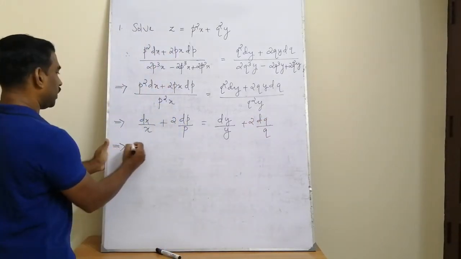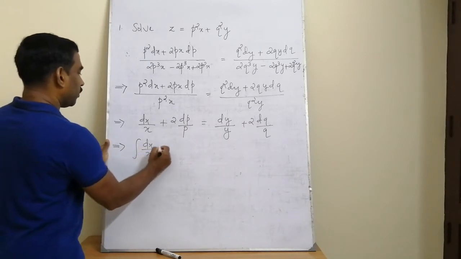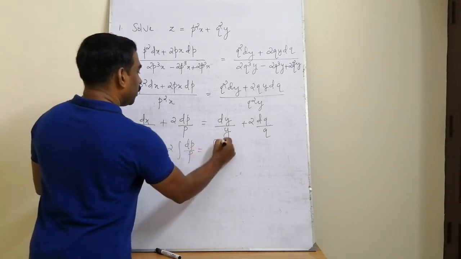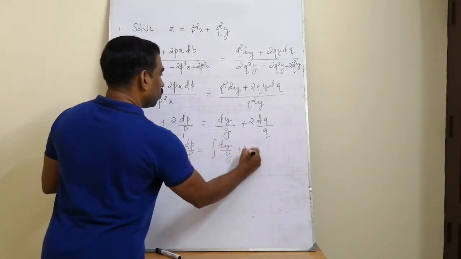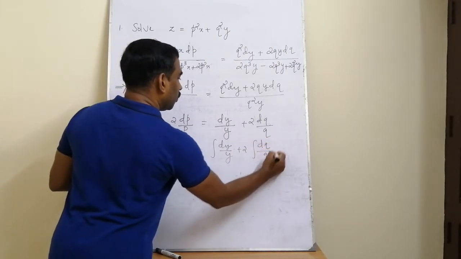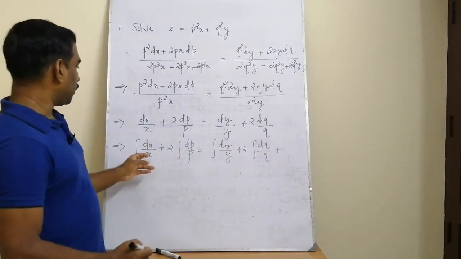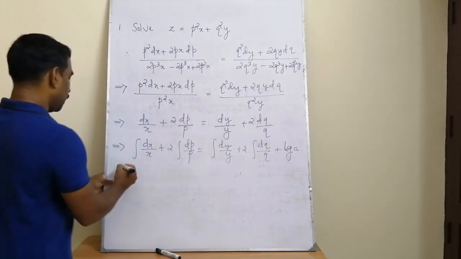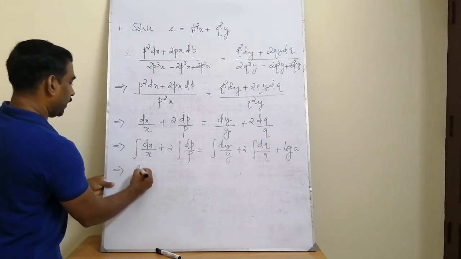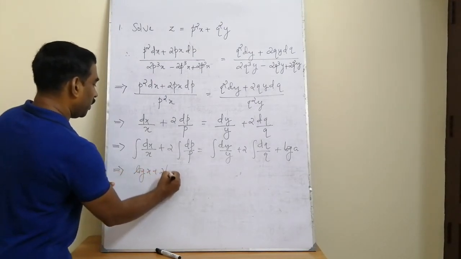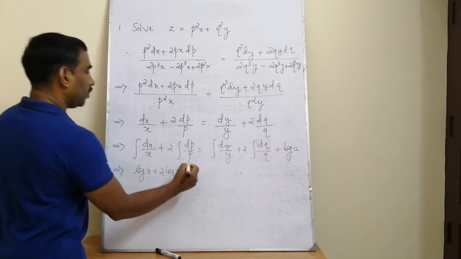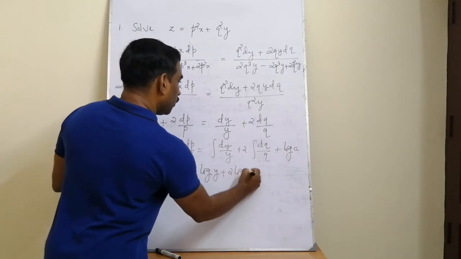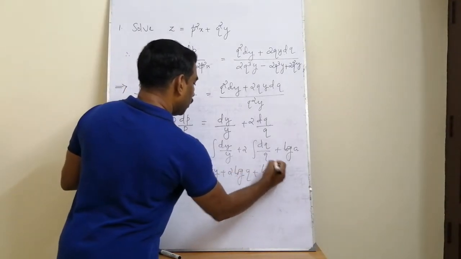So on integrating both sides, we get integral dx by x plus 2 into integral dp by p is equal to integral dy by y plus 2 into integral dq by q plus constant of integration. Here the constant of integration can be taken as log a. So that will give log x plus 2 log p is equal to log y plus 2 log q plus log a.